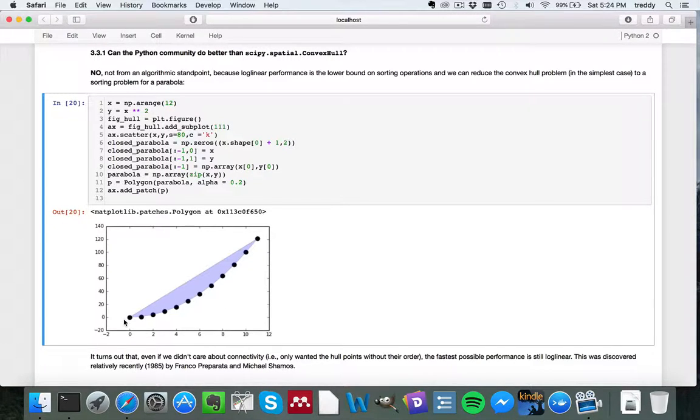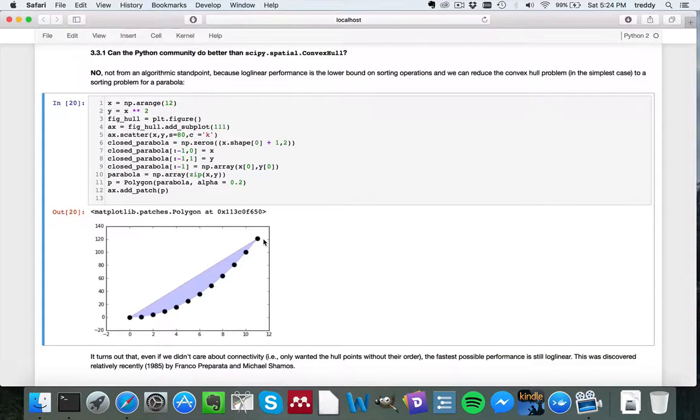But you can imagine that if you want to calculate the convex hull of this system, all you have to do is sort the data points, right? So once we know the order, going from the smallest x value to largest x value, we've connected all of the data points of the convex hull. So we effectively calculated the convex hull.